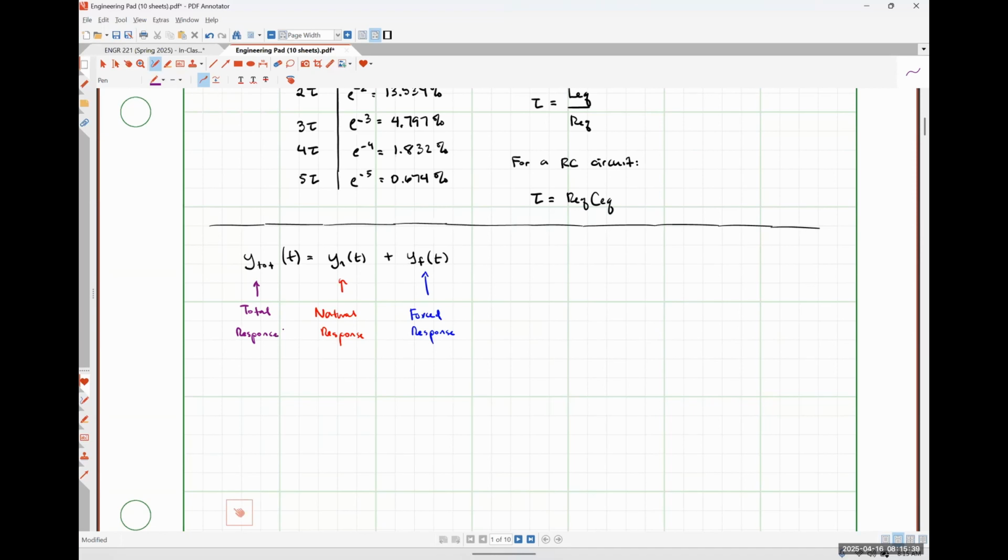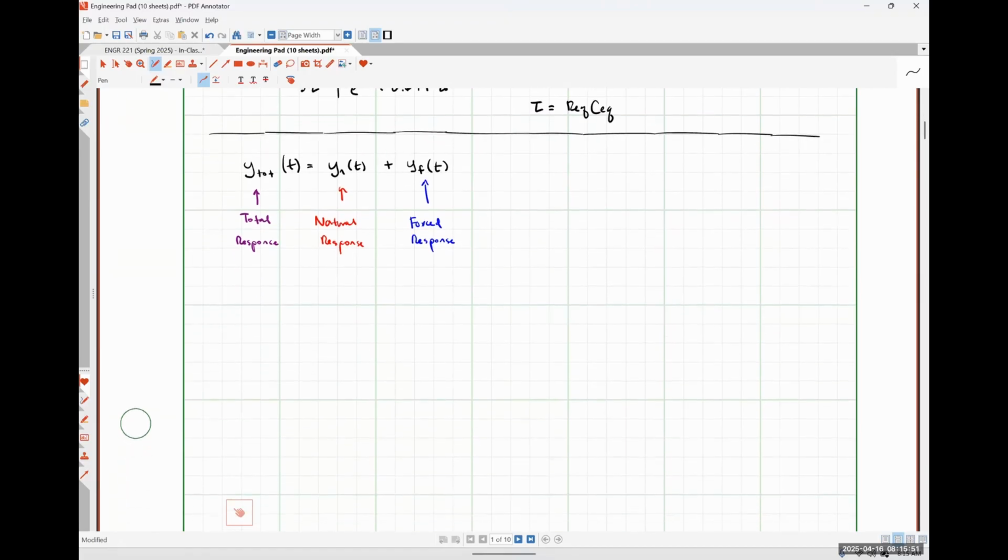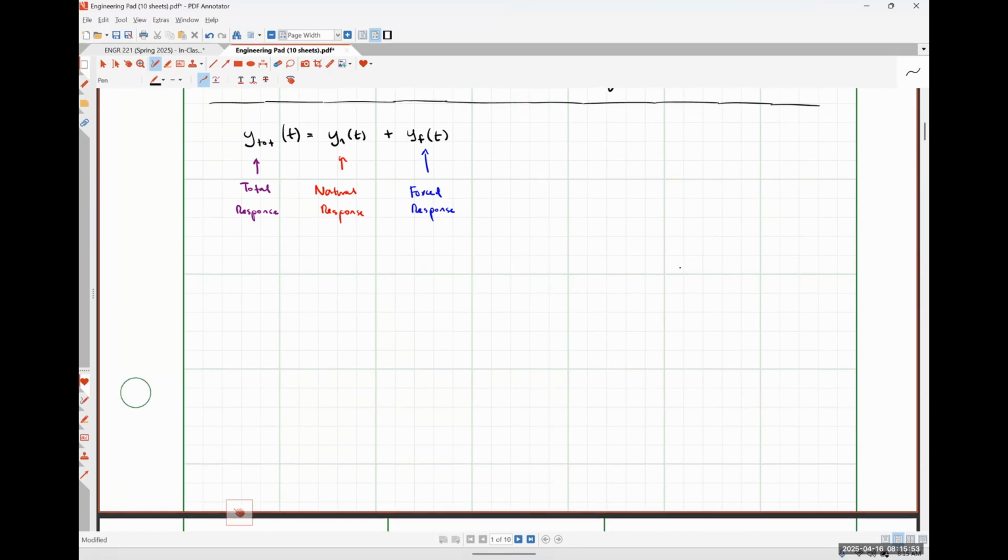Okay. So I want us to look at a simple example to get an understanding of what the forced response means. Okay. So I'm going to look at an RC circuit. Okay. Very similar to the one that we looked at roughly halfway through class on Monday.